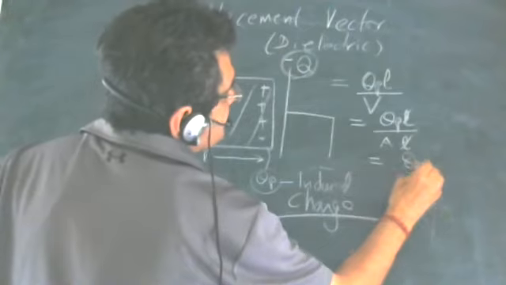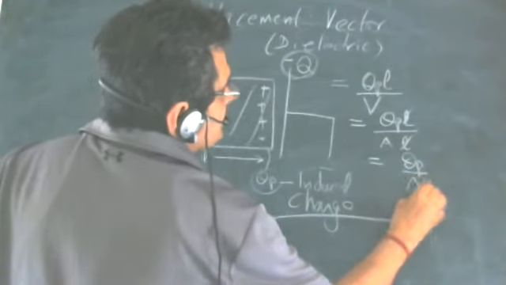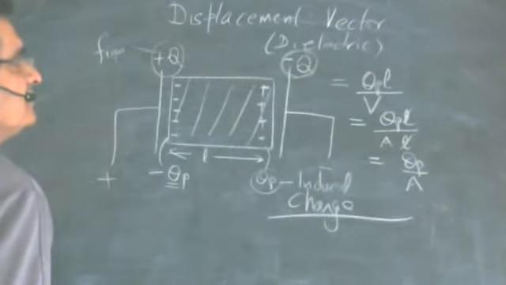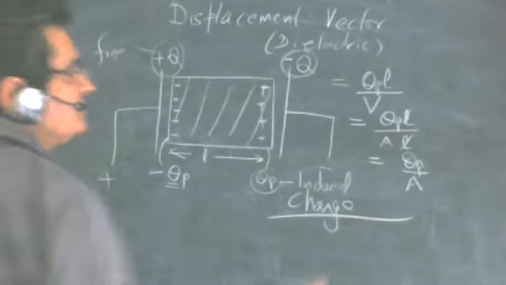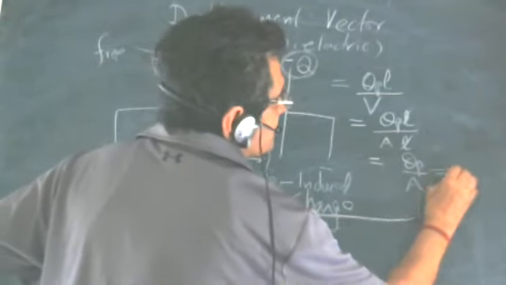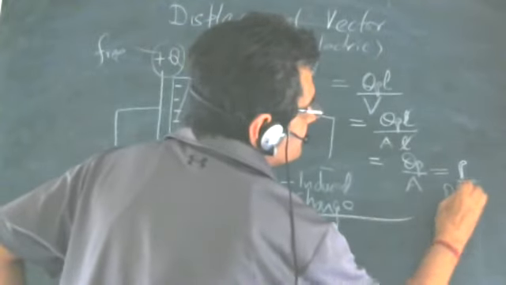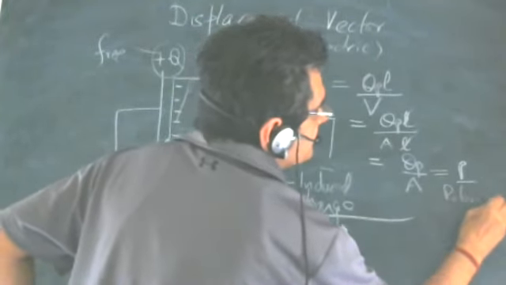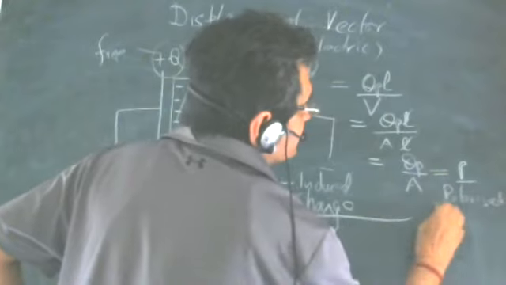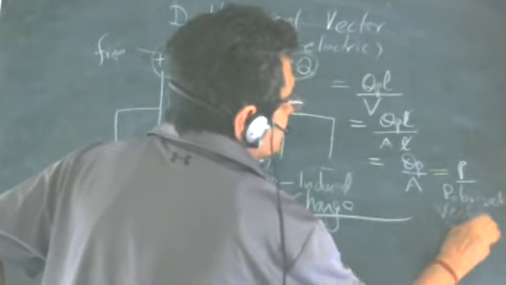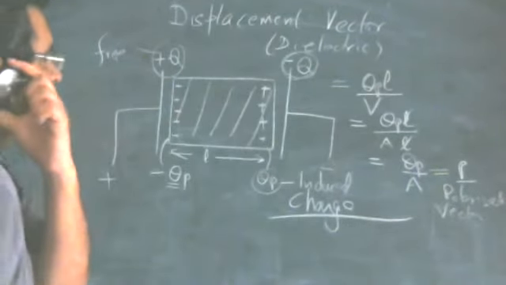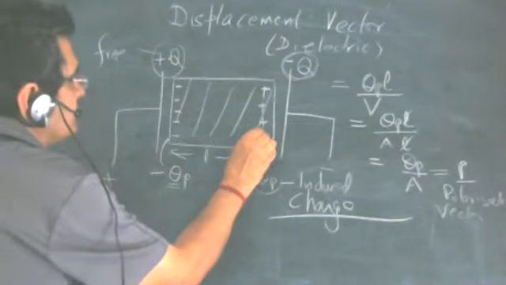This is QP upon A. This dipole moment per unit volume is called polarization vector. It has a direction, and the direction is from positive to negative.